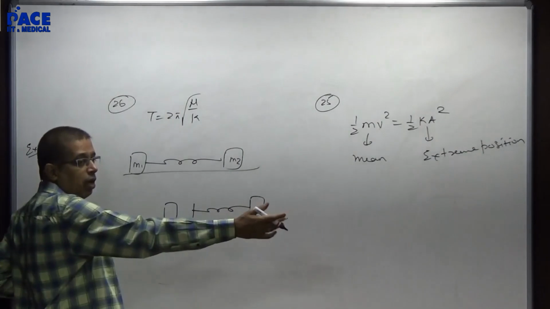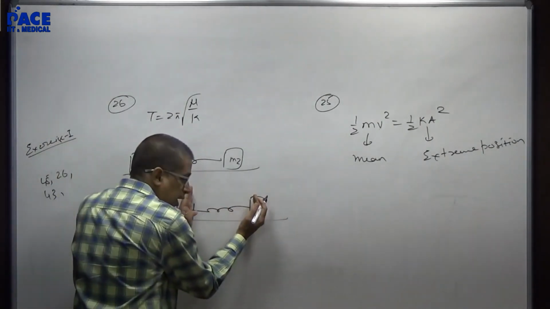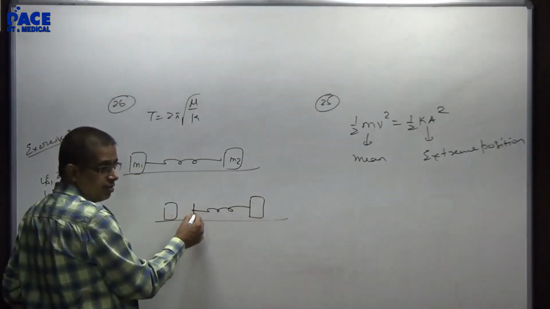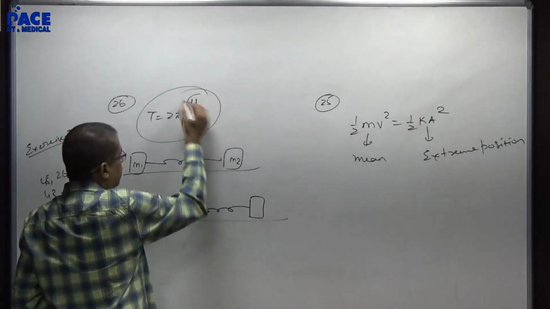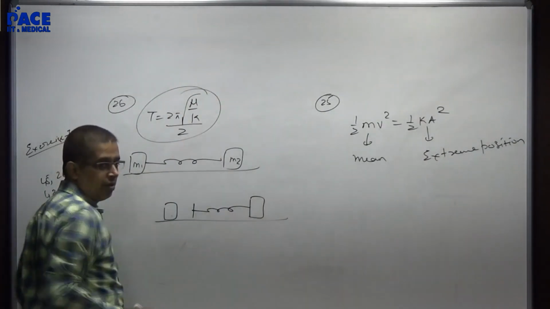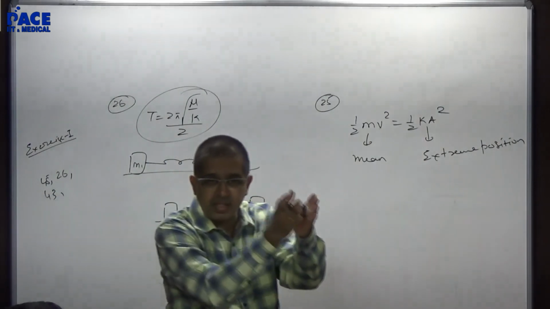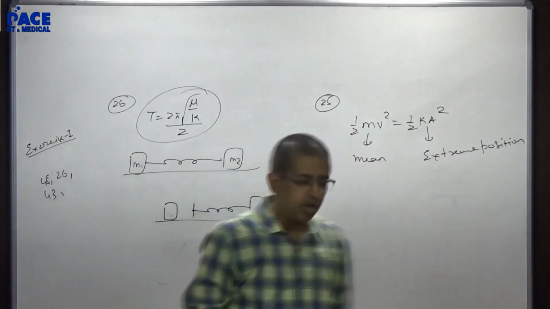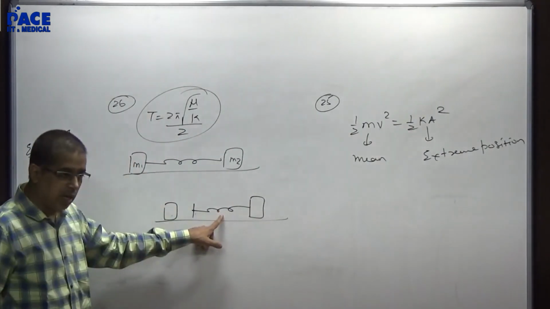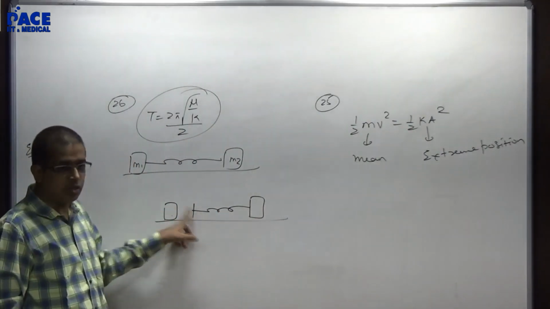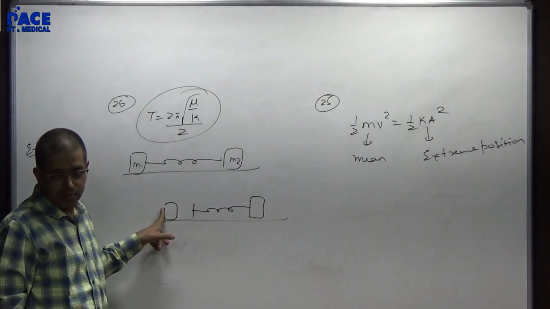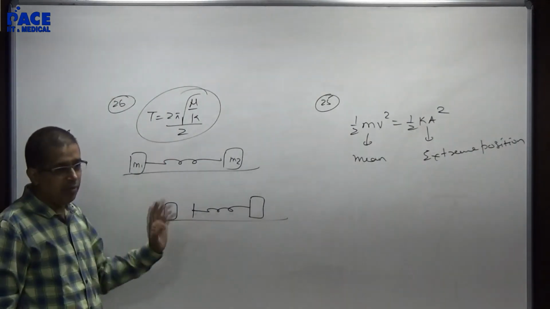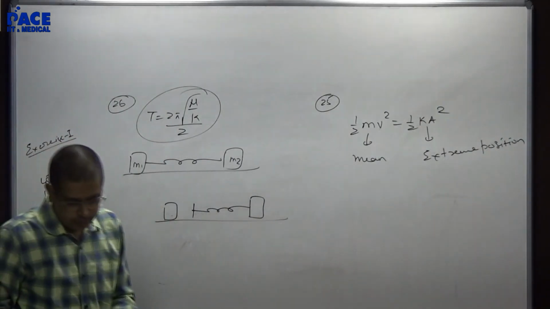You will never have maximum elongation. But when it comes to natural length, this will leave contact with it. So half this time period. From natural length you will go to maximum compression. You cannot come back to maximum elongation because the moment it crosses the natural length, this will leave contact. The spring is not connected to this mass. Right? So time period will be half that particular one.